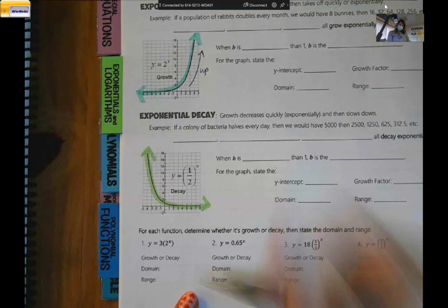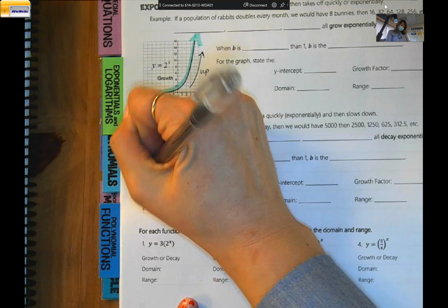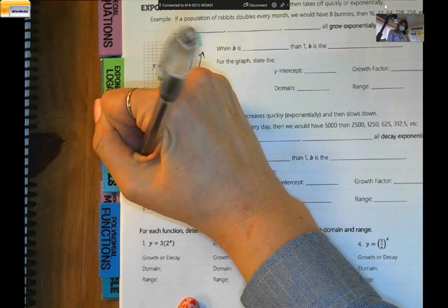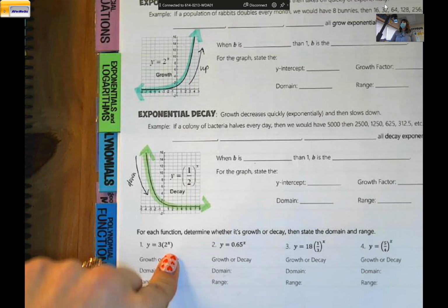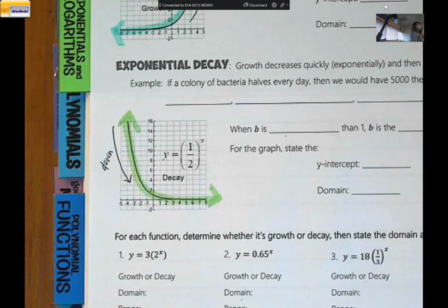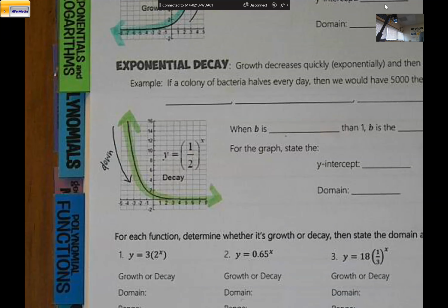This guy is exponential decay because he's going downward. So he decreases very quickly at first and then kind of evens out towards 0.